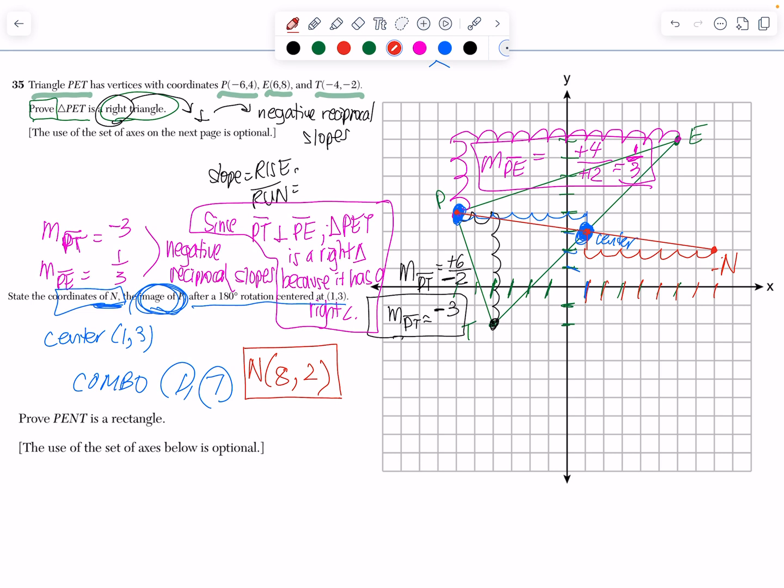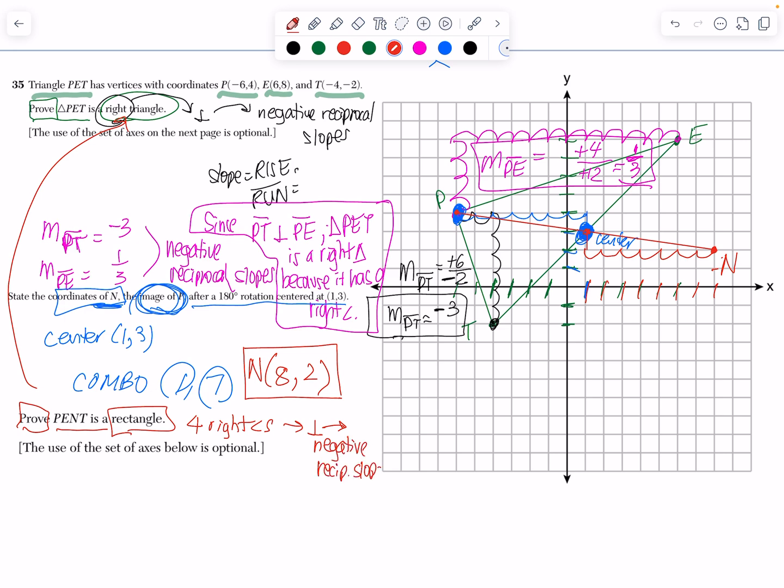Okay, next part, it says prove that PENT is a rectangle. Now, how do you prove something is a rectangle? You have to show four right angles. And keep in mind, it's the same concept we did up here. When you're dealing with right, you want to focus on perpendicular, which means negative reciprocal slopes.